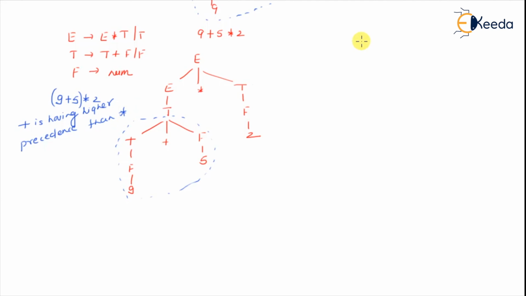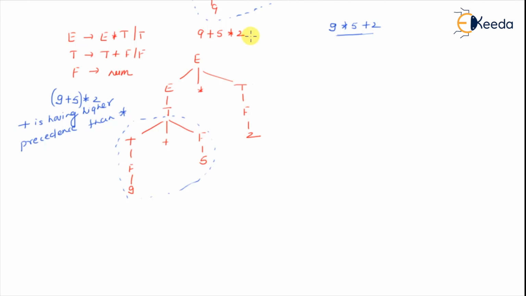I leave this to you: resolve 9 multiplied by 5 plus 2 using this particular grammar and see what it resolves to, whether multiplication has higher precedence or plus has higher precedence.